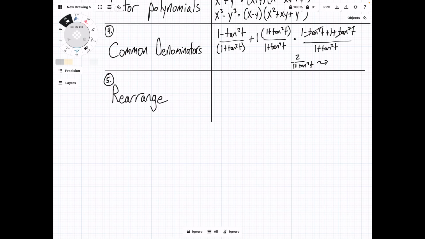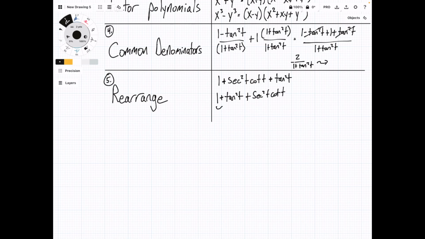A good example here is, say you have 1 plus secant squared t cotan t plus tan squared t. So after you do this a couple times, you'll probably be able to recognize this without rearranging. But what we want to do is we want to rewrite this as 1 plus tan squared t plus secant squared t cotan t.